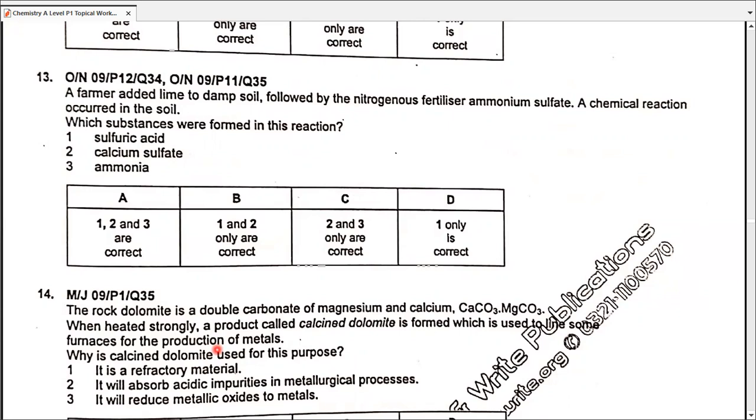Sulfuric acid, calcium sulfate, ammonia. Added lime, calcium oxide plus ammonium sulfate. No. A chemical reaction occurred. Calcium sulfate, ammonia.